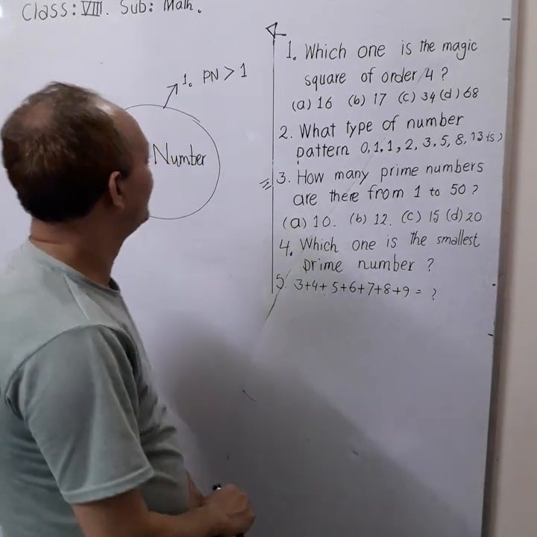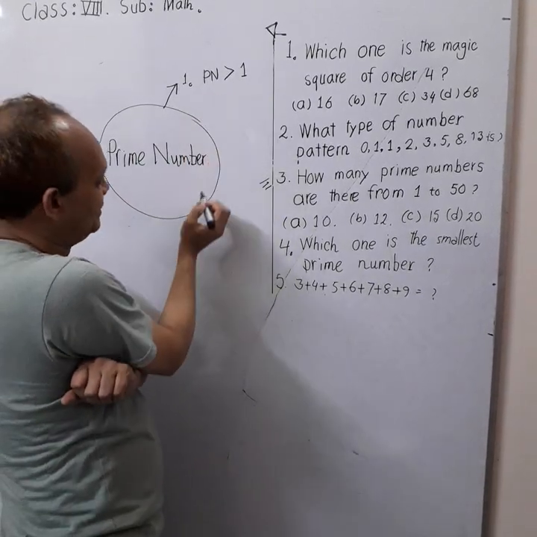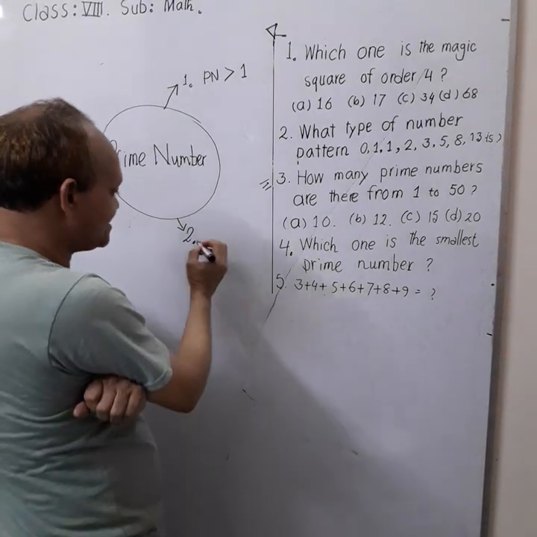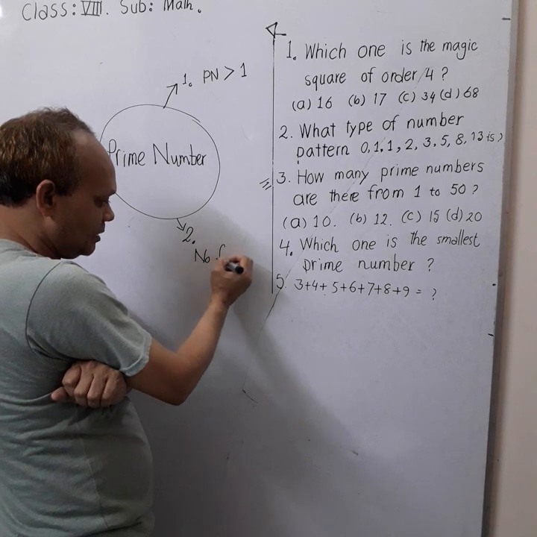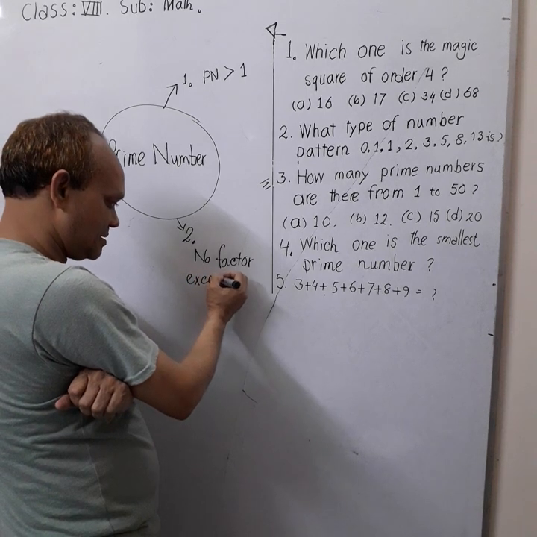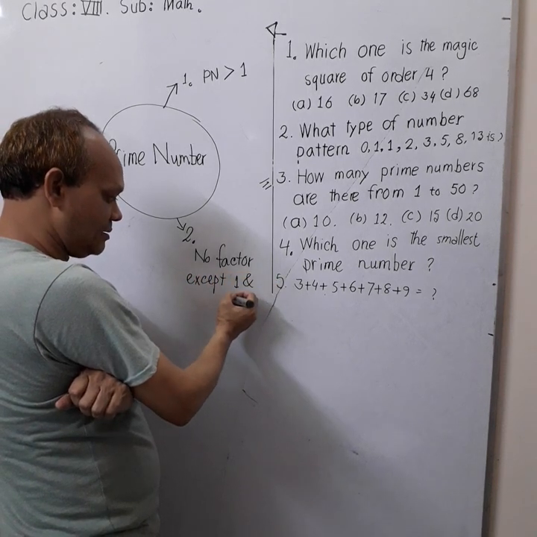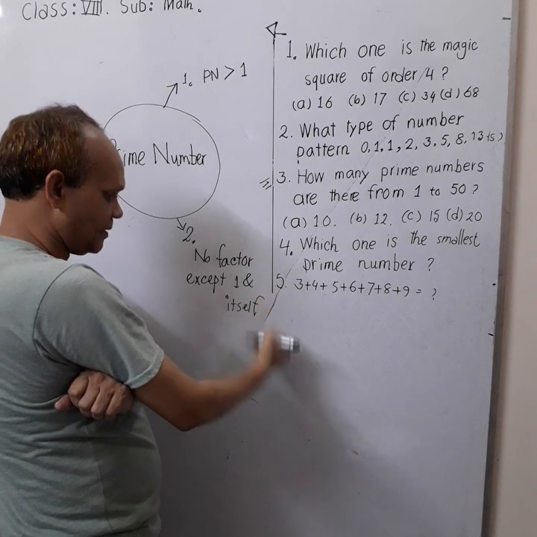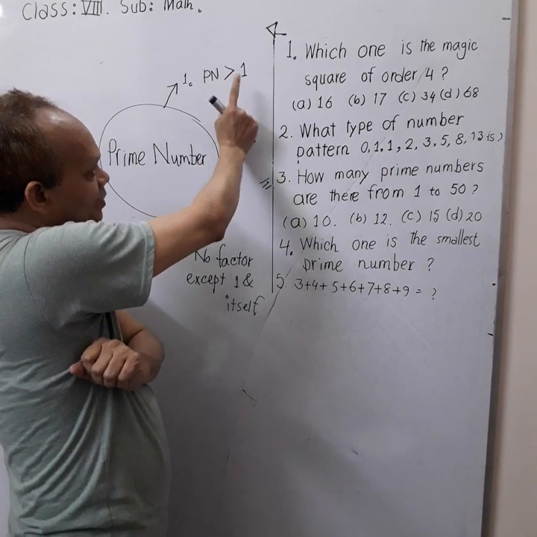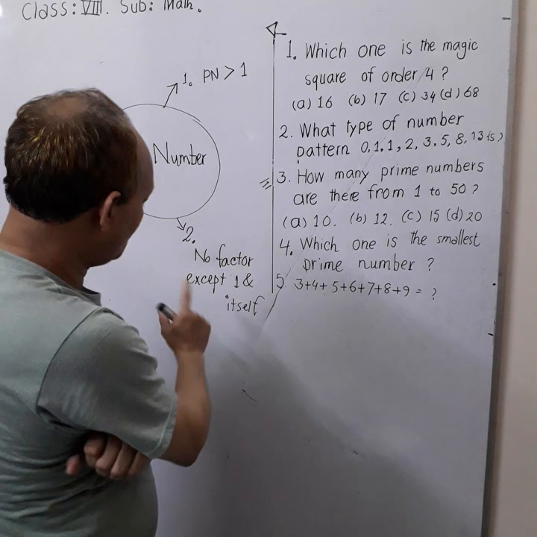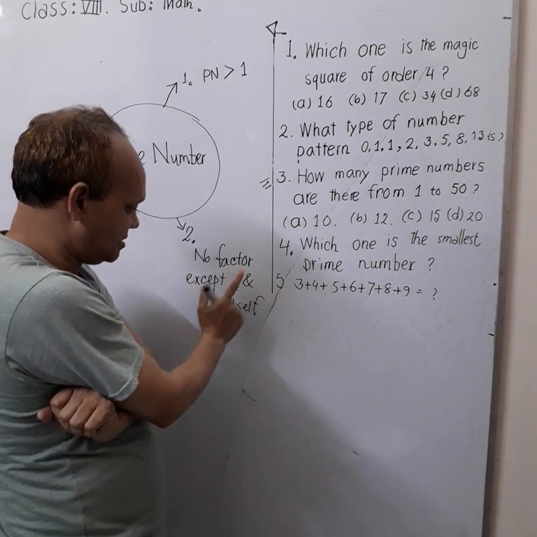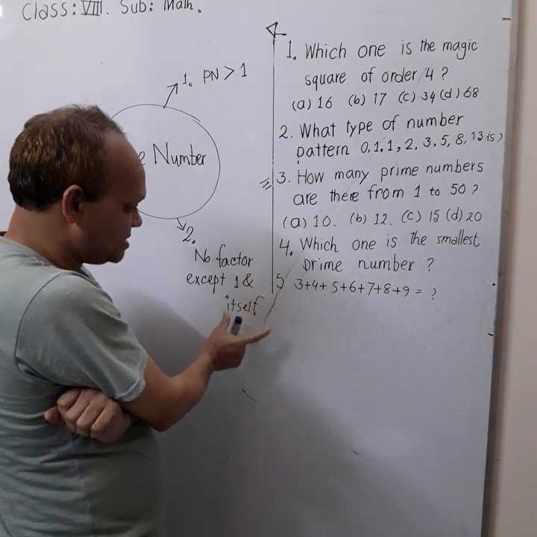So you have got one point. Then another point is there will be no factor except 1 and itself. So a prime number will be greater than 1, and in a prime number there is no factor except 1 and itself.